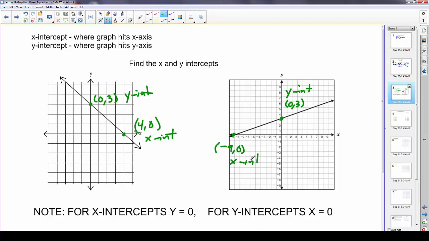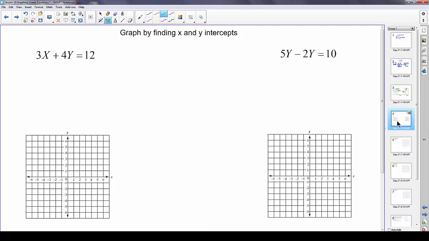Now one of the things you're going to notice in both of these is for any x-intercept, so anything that hits this line here, your y value is always going to be equal to 0. And for any y-intercept, anything that hits this line here, your x value is always going to be 0. That's important when we try to find these without actually having a graph.